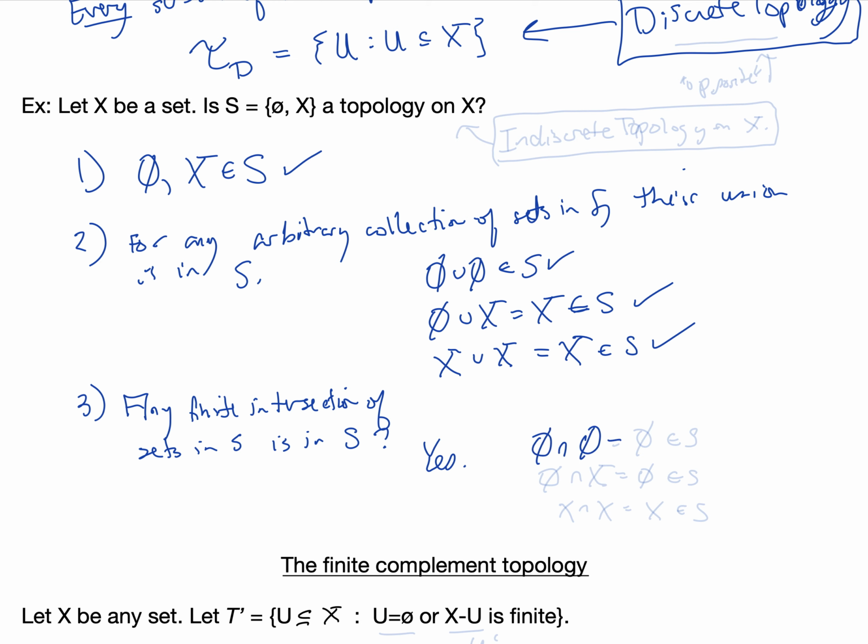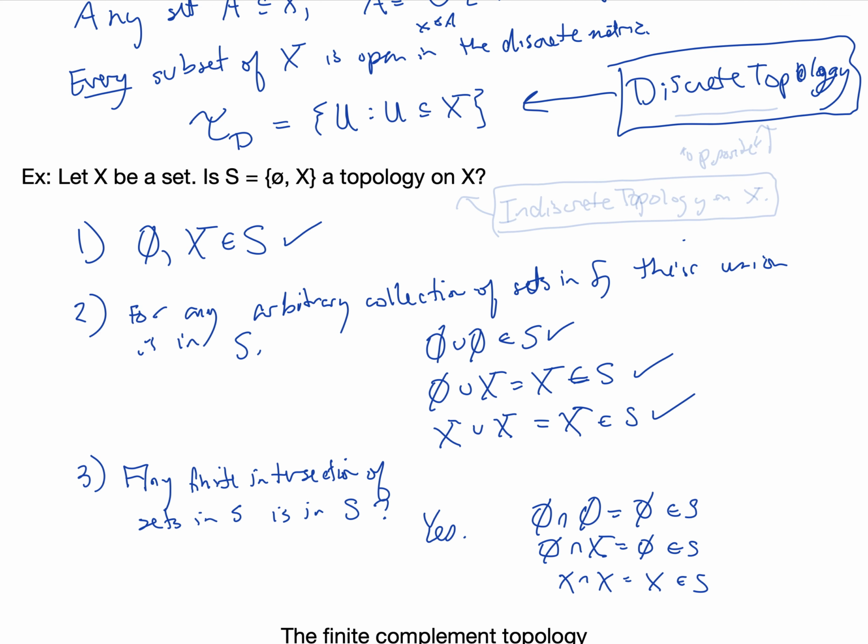Empty set intersected with itself, empty set, yes, that's in S. Empty set intersected with X, that's the empty set, and yes, that's in S. And X intersected with itself, that's X, and it's in S. And we could union or intersect those things together multiple times, and we'd still have the same result. So yes, this set containing just the empty set and the set X is a topology on any set X.